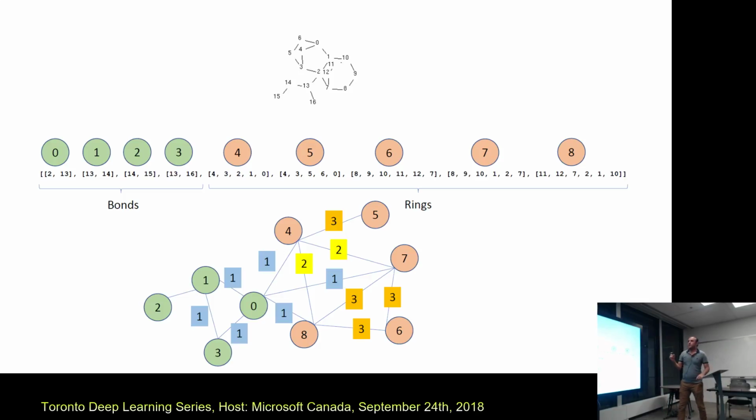Based on these indices and the category they belong to, we categorize them. For instance, 2-13 is the bond between carbon 2 and carbon 13, and it's considered a bond. These are all rings. If you connect all of these together based on this structure, you end up with a tree structure that looks like this.